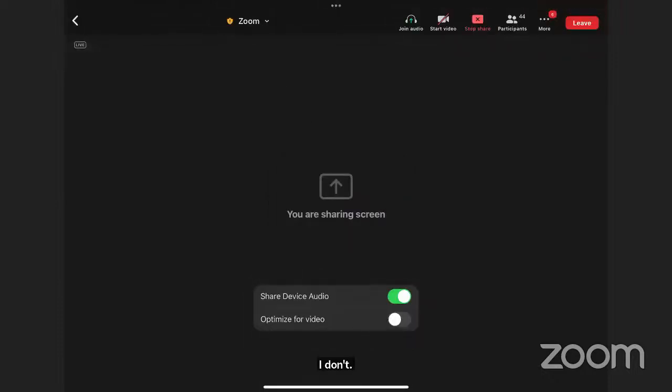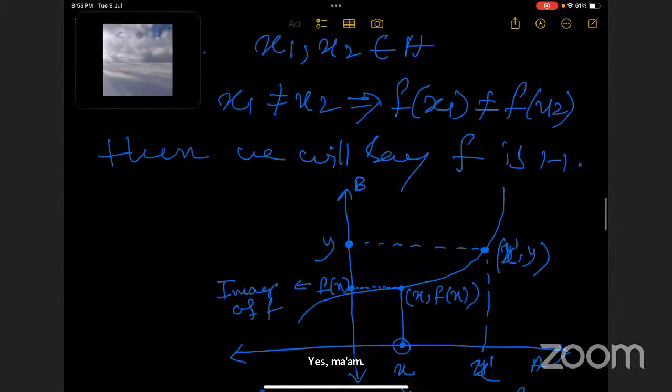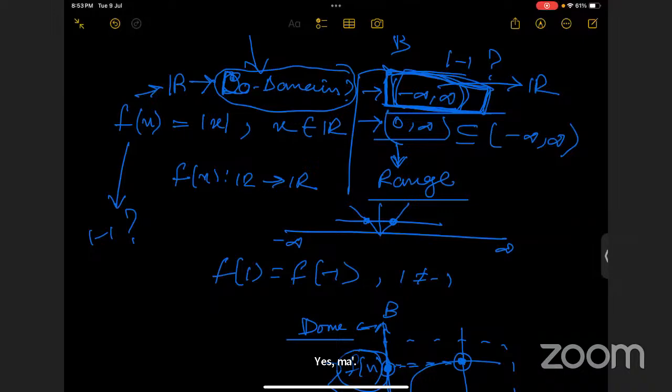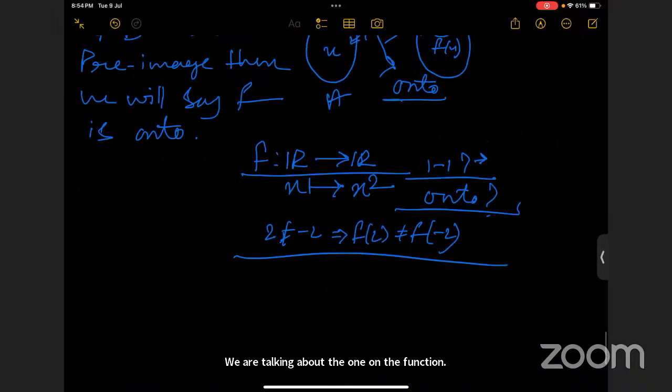Yes, ma'am. So yeah, we're talking about the onto function. We take f from R to R, x goes to x square. Is it onto or not?